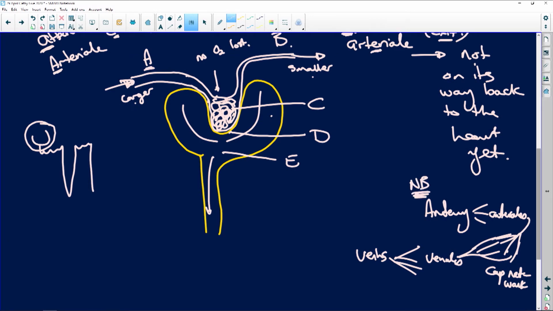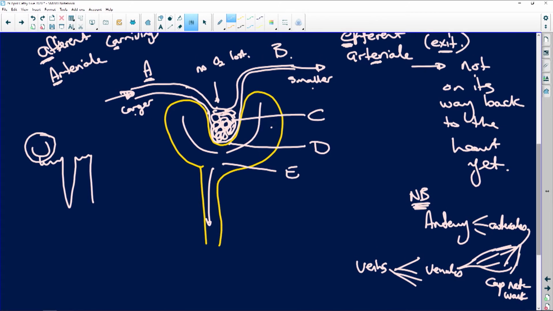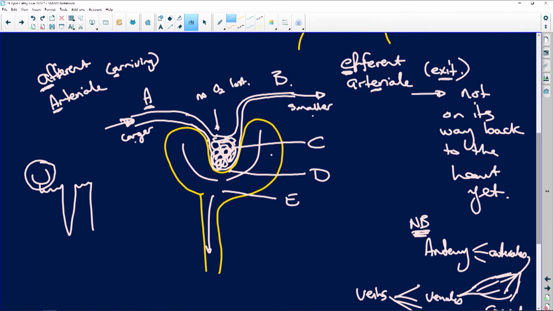Alrighty, now I've moved up too high. Okay, A, B. C is the glomerulus. It's just a glob, so think of glob. Spell it, break it up: glomerulus.